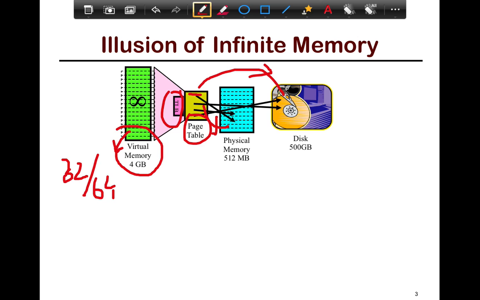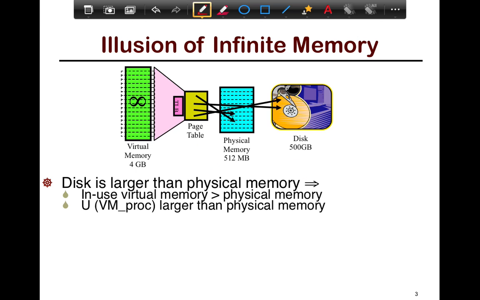If it points to memory, then the page resides in memory, and the application can immediately access the page. If the page resides on the disk, then it does a swap in. First step, it figures out it's on the disk. Second step, it moves it from disk to memory. Third step, it actually does the data access. So it follows a three-step process if the page is swapped out to disk.